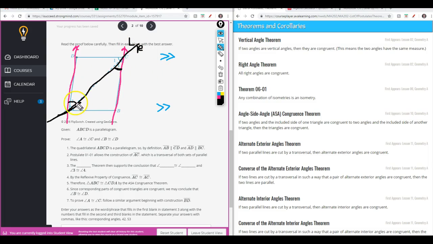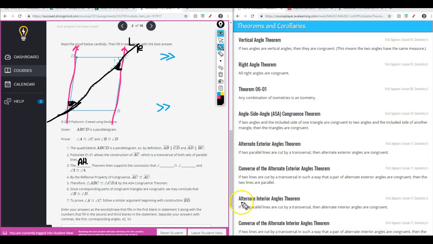So notice that one of these angles, angle 3, is on the left, right there, and angle 4 is on the right hand side of that transversal. So they're alternate. And now here's our parallel lines, and this would be between them. So they're alternate interior angles. So this one is alternate interior angles theorem.